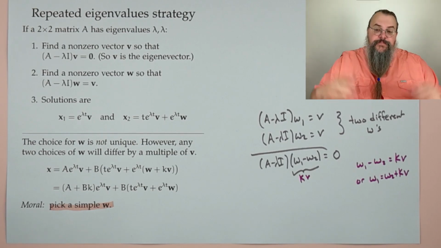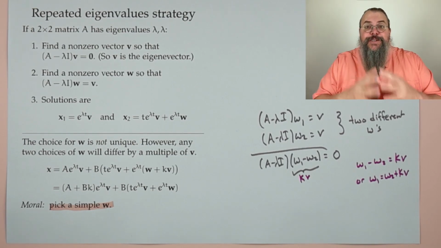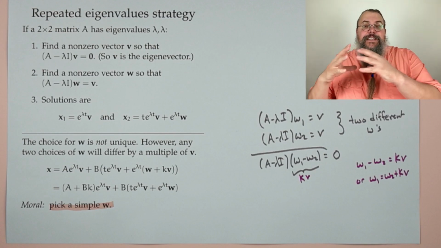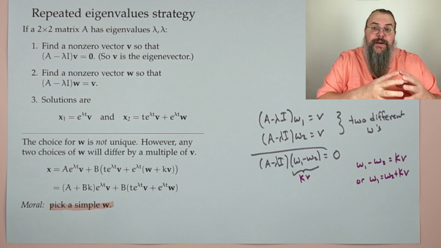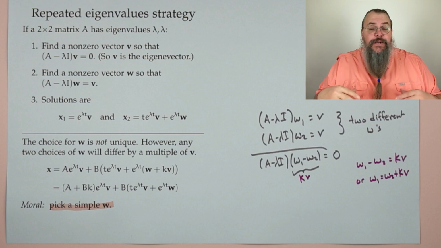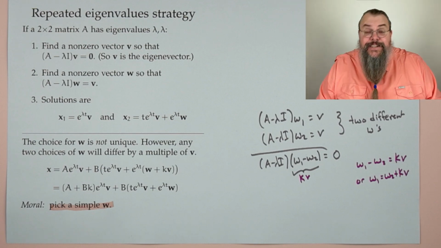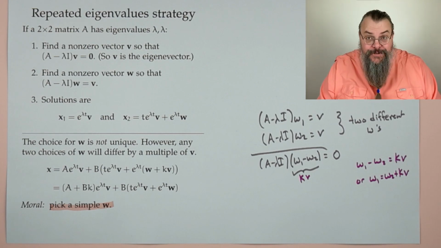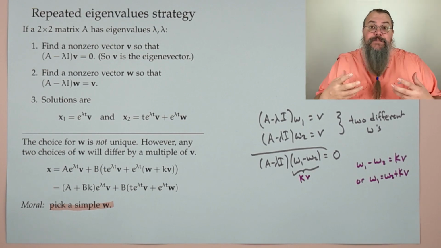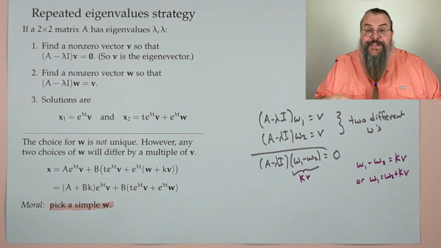Now, we have been focused on the 2 by 2 case. Can bad things happen in 3 by 3? Absolutely they can. You can be missing eigenvectors for 3 by 3. And in fact, things can get a lot more interesting, and the higher up you go, the more interesting it gets.